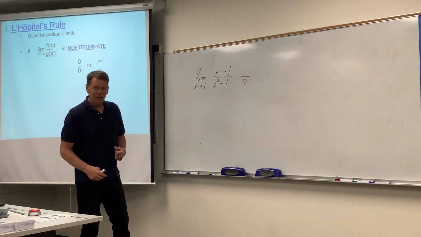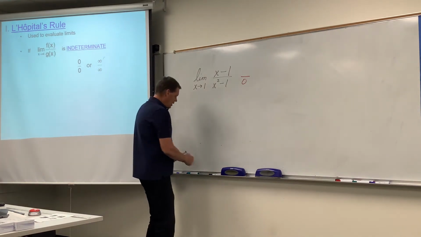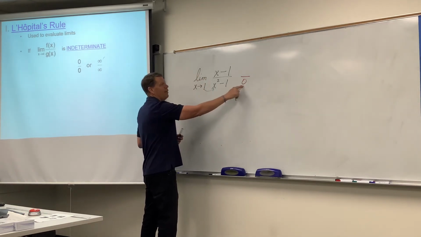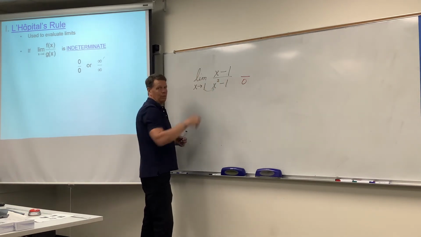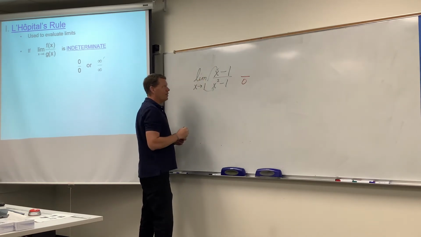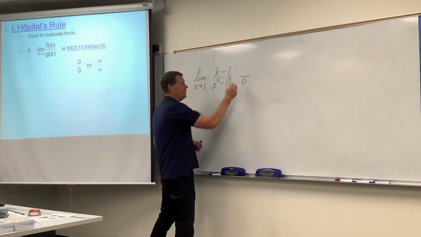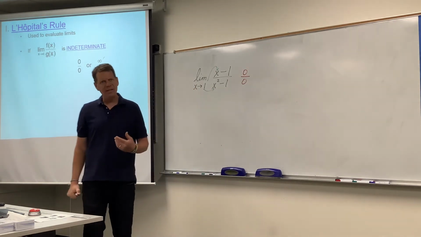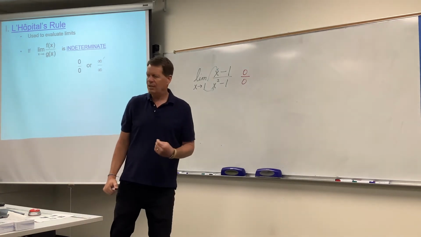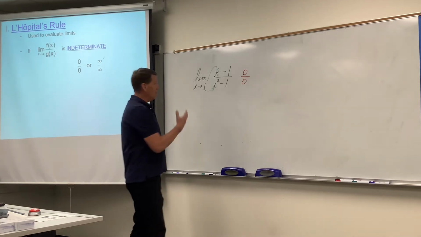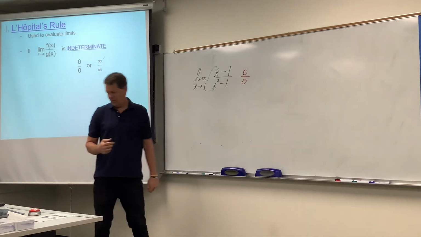But if we're going to investigate L'Hopital's rule, so again, we put 1 in for x here, we get a 0. If we got anything other than 0, then cool, we're good to go. But if that denominator is 0, then I would say, what happens in the numerator? Well, 1 minus 1 is also 0. So we would say, yes, this particular limit is indeterminate, 0 over 0. Let's prescribe some L'Hopital for this patient.